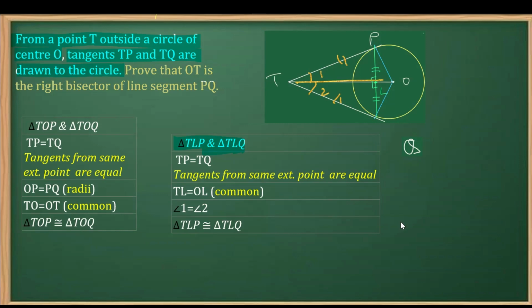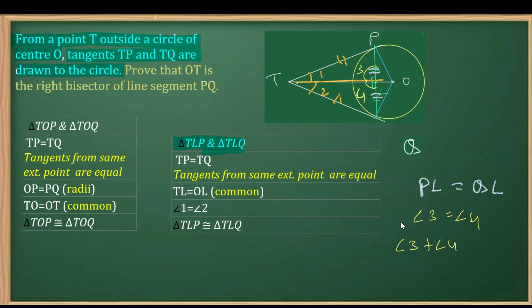We can write PL is equal to QL, that is, this is equal to this, and the reason here is corresponding parts of congruent triangles. Further, you can figure out that this angle, say angle 3, should be equal to angle 4. Right? I can write this angle 3 is equal to angle 4 because they are corresponding parts of congruent triangles.